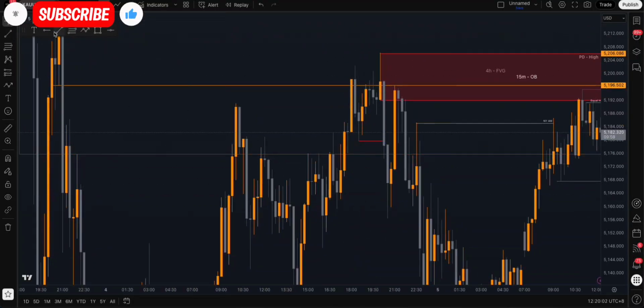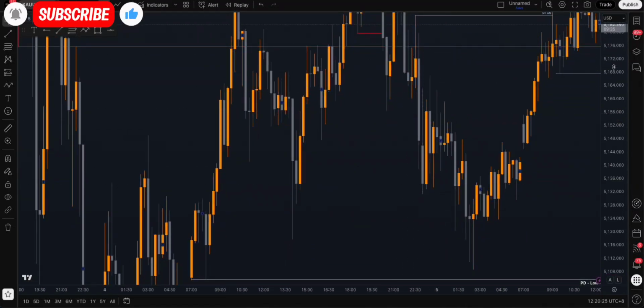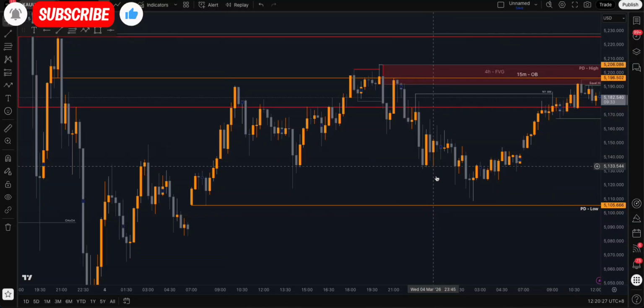This is the high. Manipulation of this high, strong bearish volume displacement, running the lows, retest, looking for confirmation, then we sell, and gold will begin the descent.